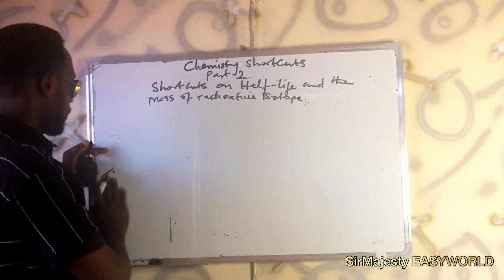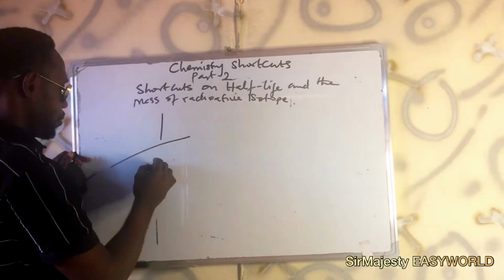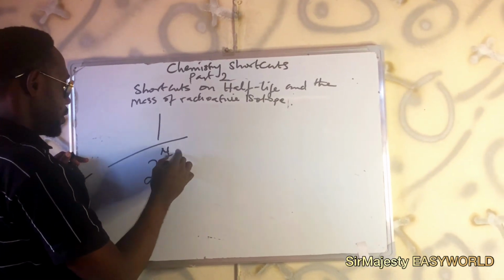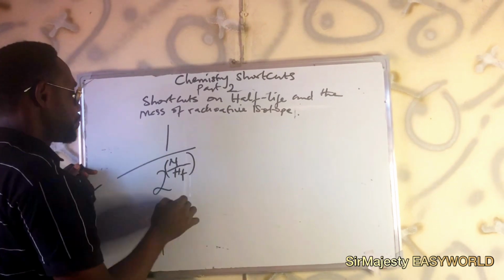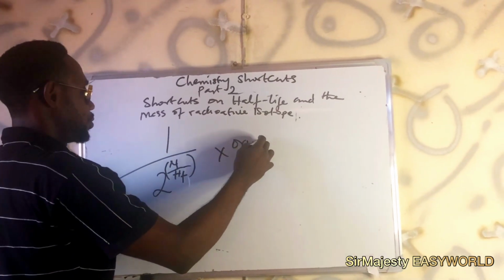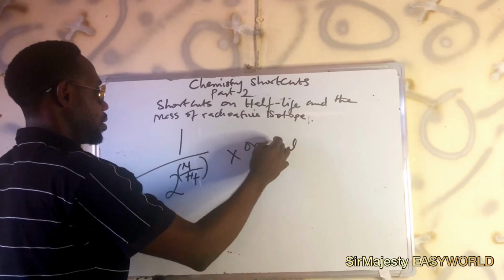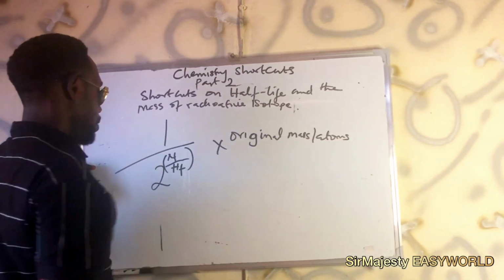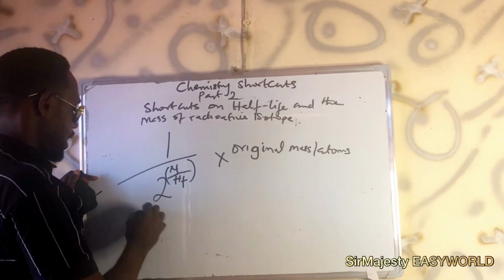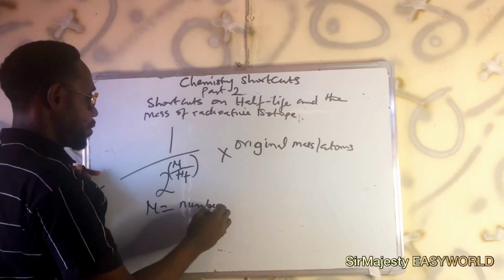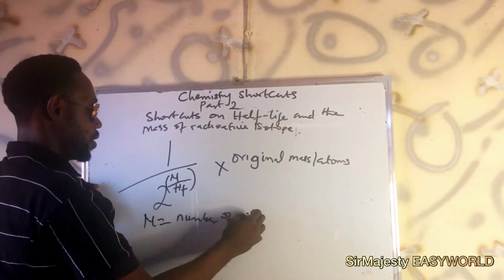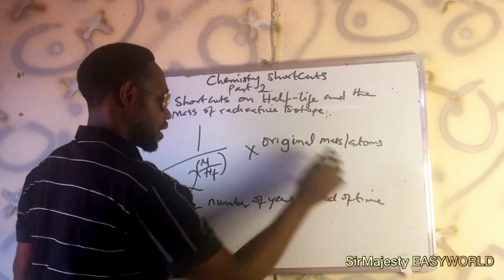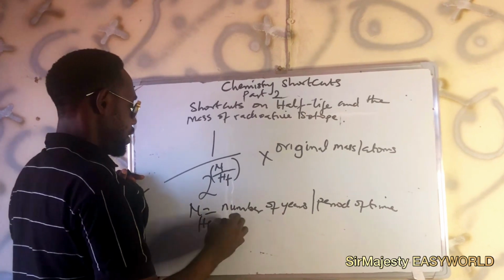In this case, you are going to use the formula which says that 1 over 2 raised to power n over half-life times original mass, or original number of atoms, whereby by definition, n is equal to the number of years or the period of time we are calculating for, where HF is the what?